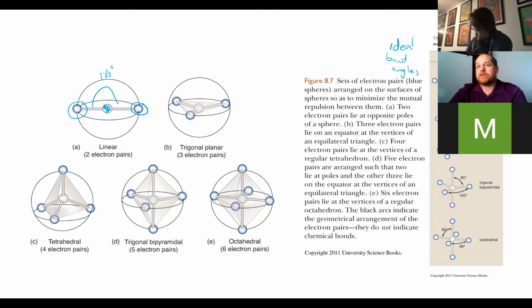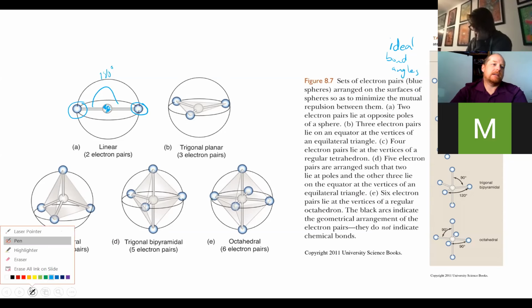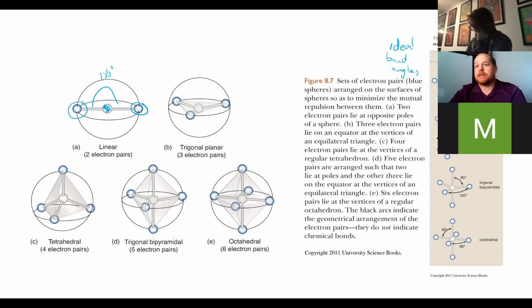When you look at the tetrahedral molecule, let me see if I can draw in my wedges and dashes to help illustrate that. This atom here is coming out of the plane of the board at you, and this one's going back away from you in the back there. And so that will give you a bond angle of 109.5 degrees.